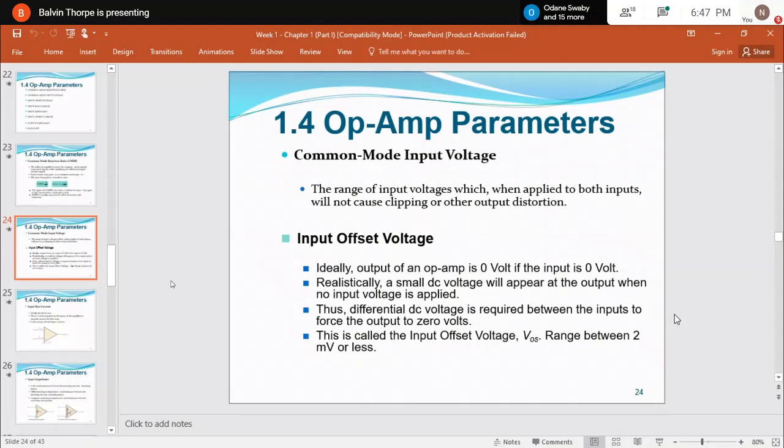And therefore, when you get an output, you know that the output voltage is really that voltage minus the offset voltage. And therefore, you'll know what the gain is. Yeah. All right, sir. Thanks, sir.